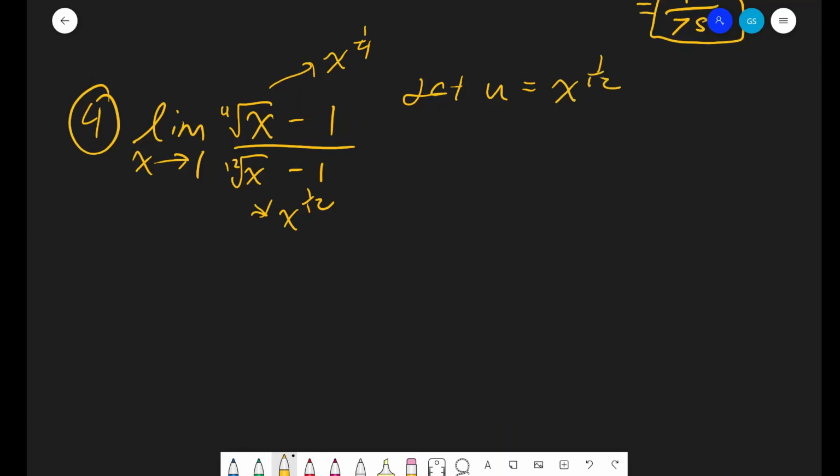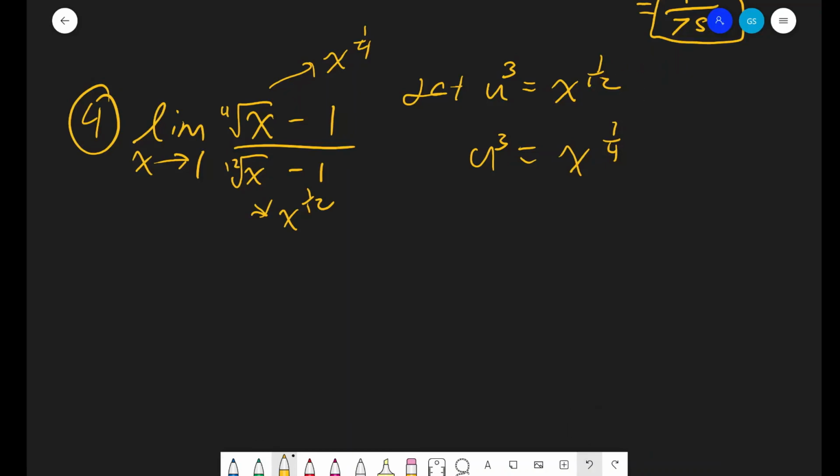Now if I wanted to let some variable equal x to the 1 over 4th, I would simply cube u. Because if I cube u, then I'm multiplying this exponent by 3, so that becomes 3 over 12, or I can simplify this by dividing 3 and 12 by 3 to get 1 over 4.